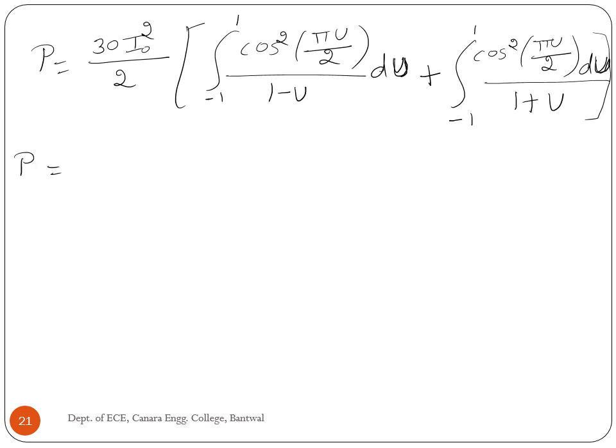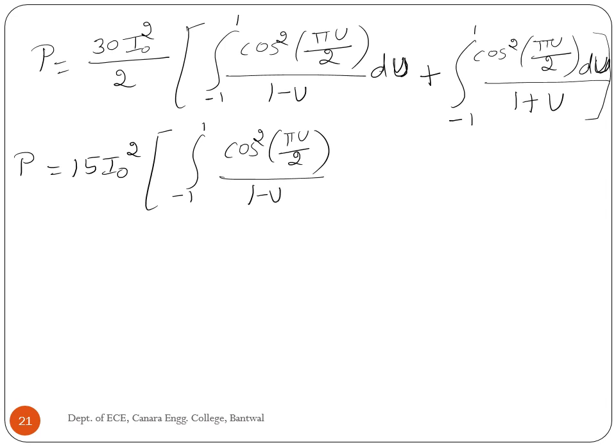Radiated power is equal to 15 I naught square, integral of cos square of pi u by 2 over 1 minus u du plus integral from minus 1 to 1 of cos square of pi u by 2 du over 1 plus u.